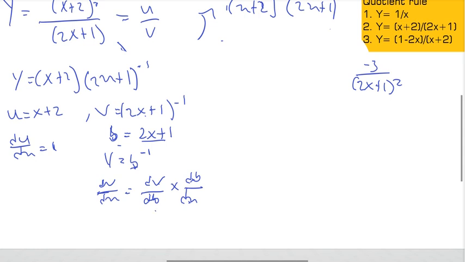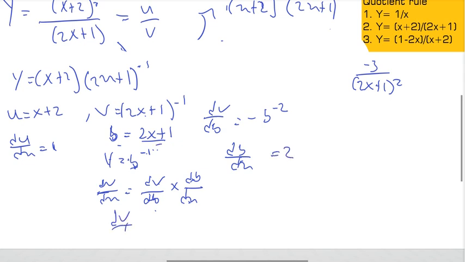So now let's find dv db. This is v and b. So dv db is going to be minus b raised to the power minus 2, right? Because here we have minus 1 multiplied by b raised to the power minus 1 minus 1, that will be minus 2. Now let's find db dx, and that is just going to be equal to 2.